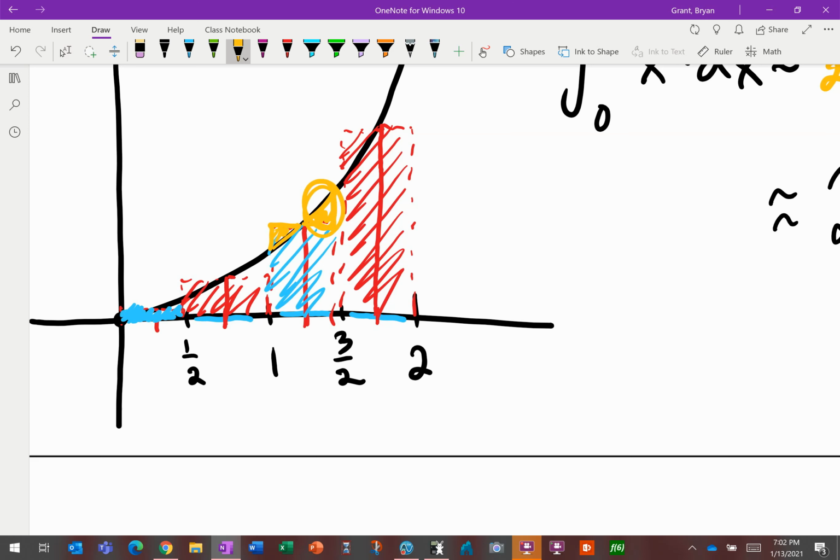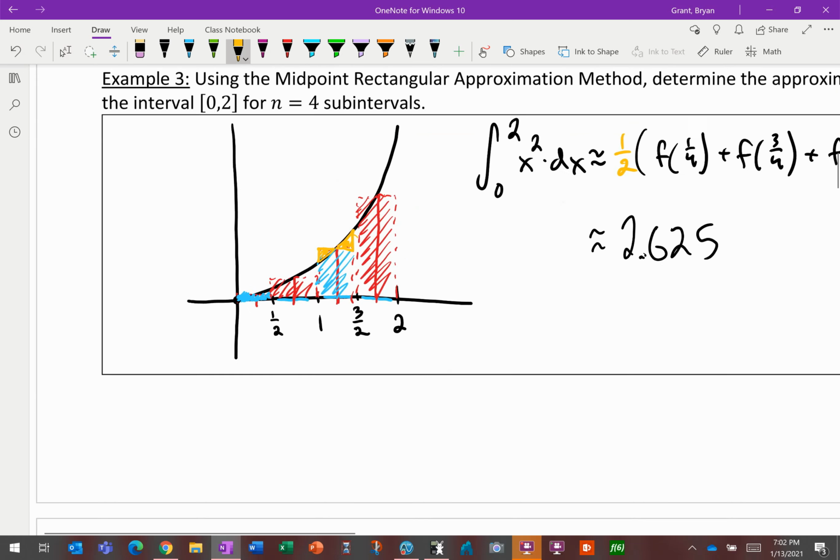The sliver is a little bit bigger just based on how fast the graph is going up. So they're not exact, but you can also see that maybe they're canceling each other out-ish. Right? A little below, a little above gives us, probably, a more accurate representation. Now, a midpoint is not always a more accurate approximation, but many times, especially if it's a smooth curve that's strictly increasing or decreasing like this, it might be.